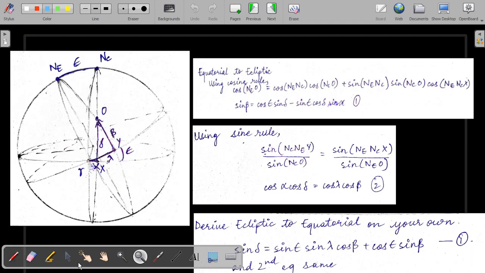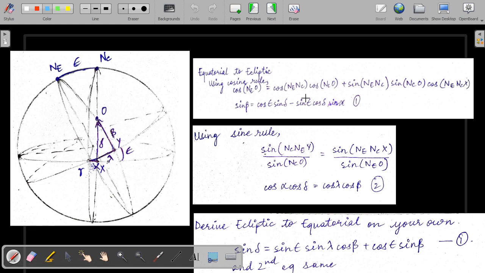So we use the cosine rule. Since we are converting equatorial to ecliptic, we need to find beta. So we use the cosine rule here. Cos of NEO is cos of epsilon times cos of this angle NCO plus sine of epsilon times sine of NCO, which is 90 minus delta, times cosine of the angle opposite to NEO, which is 90 plus alpha.